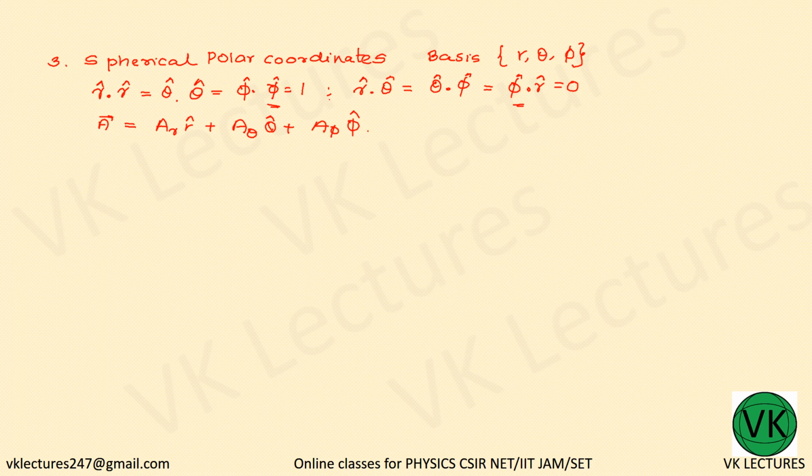Now coming to the range, r varies from 0 to infinity. Please note it is not from minus infinity to plus infinity, it is from 0 to infinity. Theta moves from 0 to pi, again please note it is from 0 to pi and not the entire 360, and phi varies from 0 to 2 pi.